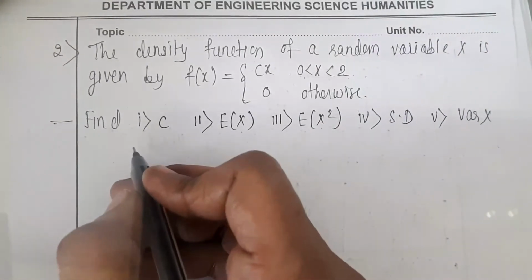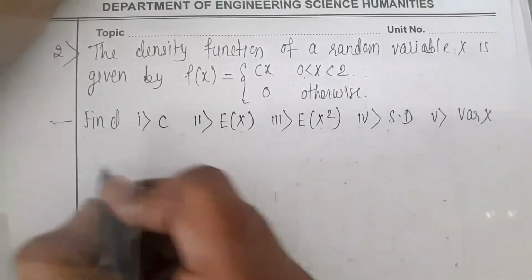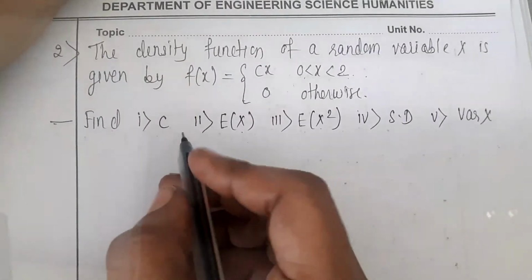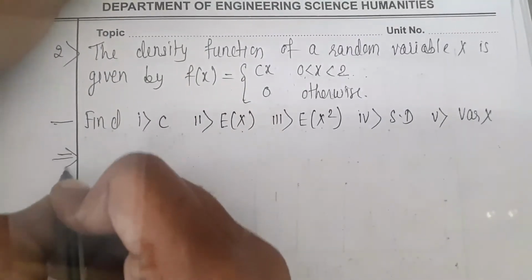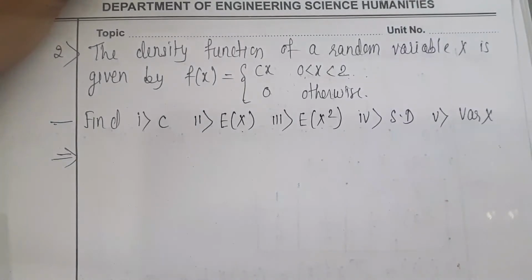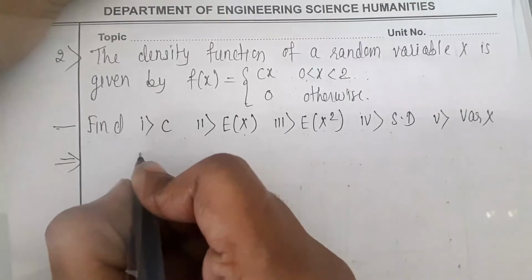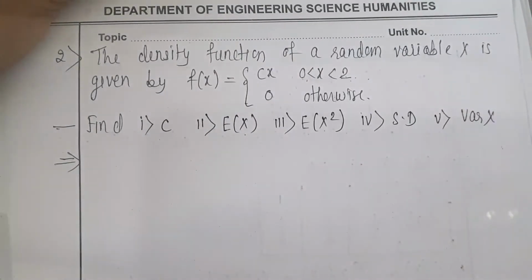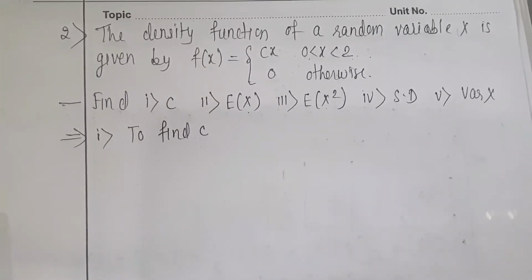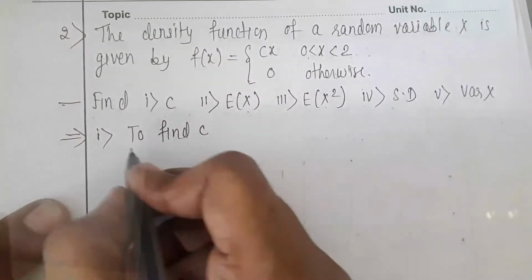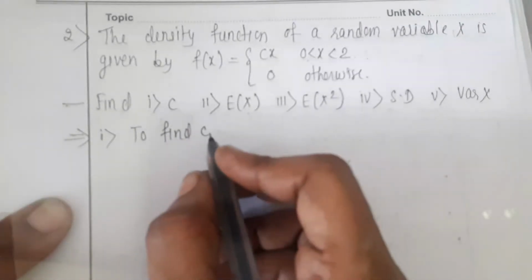Now the first thing is to find C. We use the first definition, that the sum over all the function is equal to 1. By using that formula we will get the value of C. We have already seen this type of problem in the previous unit.